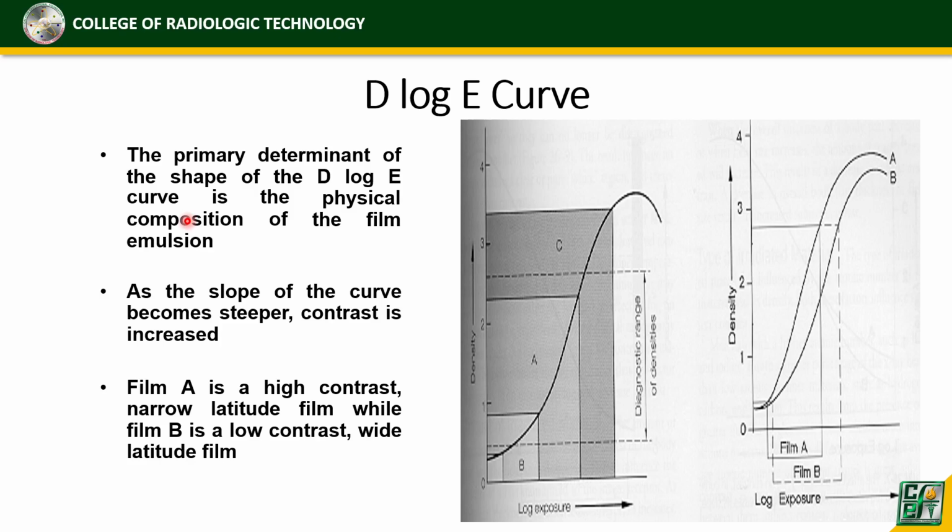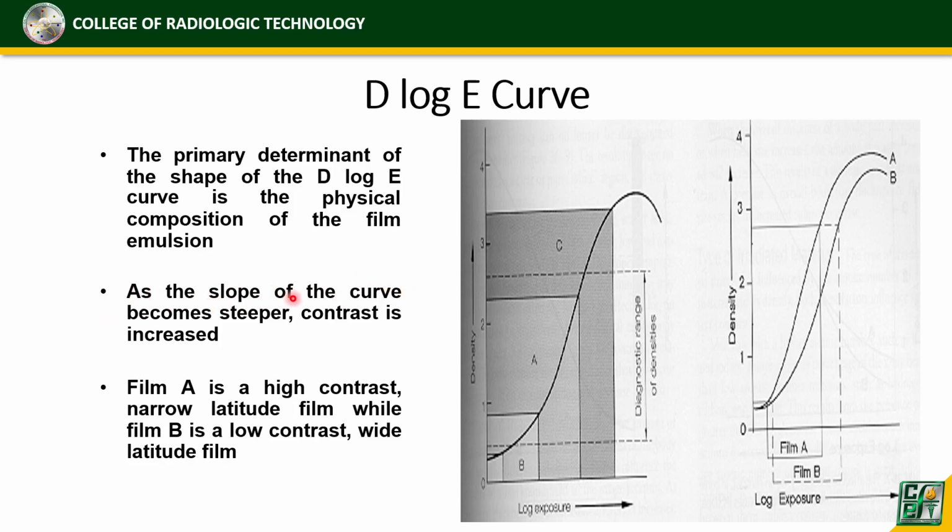Silver halide crystals. Okay, very good. Siyempre, bukod doon sa gelatin, ang pinaka-importante is the silver halide crystals. Di ba? So, nakadepende yun sa composition ng film emulsion. Gaano ba kalalaki o kaliliit yung size ng silver halide? Okay. So, yun yun.